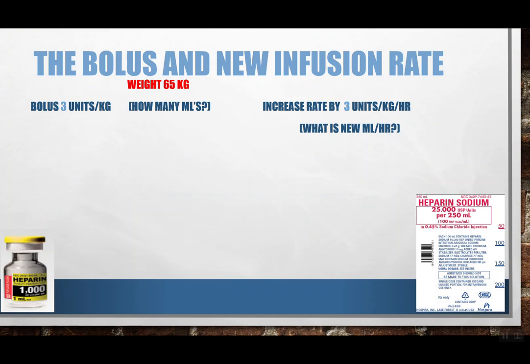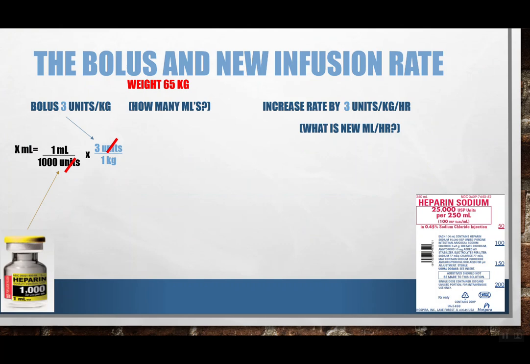So I have a bolus of 3 units per kilogram. How many mils do I give for a bolus, which I've set up for you? Again, mils on the left, so I start with mils on top, and I have 1,000 units you can see on the bottom with that yellow bottle. I need to pull the 3 units per kilogram so that way I can actually cancel out those units.